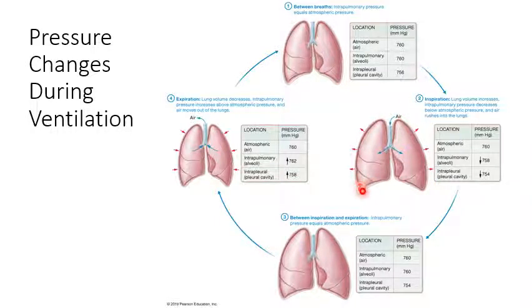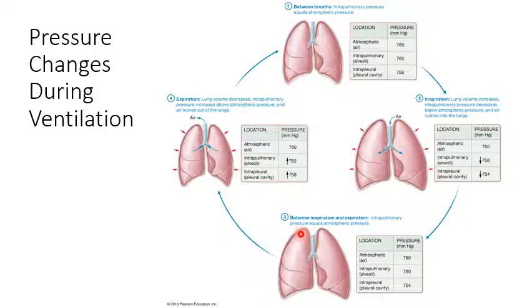Due to the low intrapleural pressure, the lungs are going to follow the cavity as it expands, so the lungs are going to expand as well. Since the lungs are expanding, the intrapulmonary pressure will go down just a little bit, so now it's slightly lower than atmospheric pressure, and the intrapleural pressure is lower still. Then air is going to flow into the lungs down its pressure gradient, and you're inhaling or inspiring.